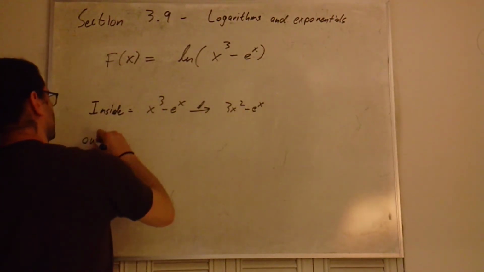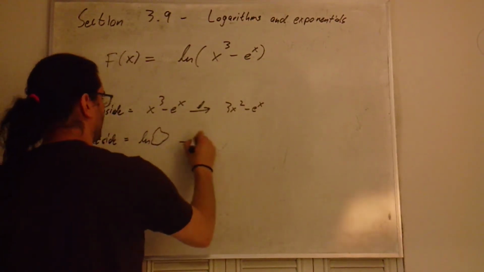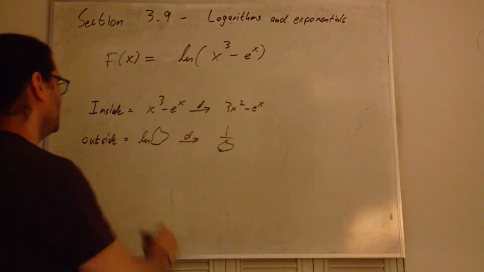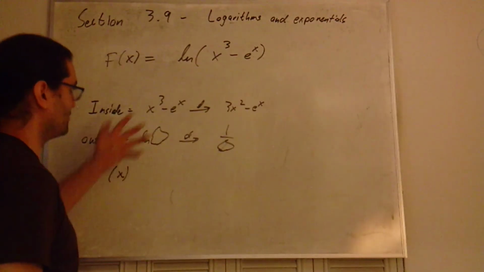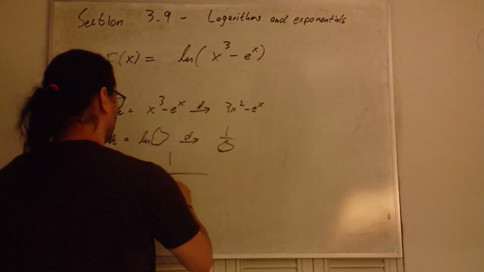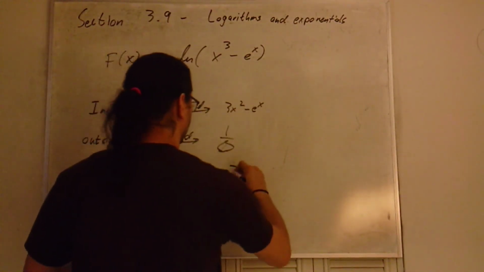You'd have to look at the outside, which is natural log of a blob. Derivative of that is 1 over the blob. And you would find f prime of x by using the chain rule to combine these things. You would get 1 over this stuff times the derivative.